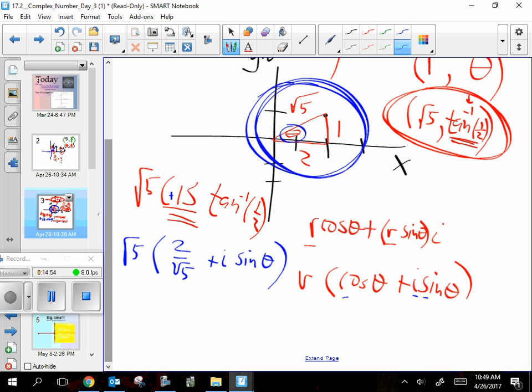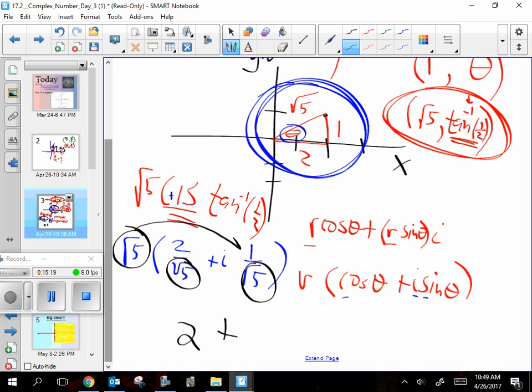And what's sine of it? 1 over root 5. And because of how these are set up, this will always be the same as this and this. So when I multiply it in, it's kind of cool. It cancels, and I have 2 plus, multiply this times this. There it is.